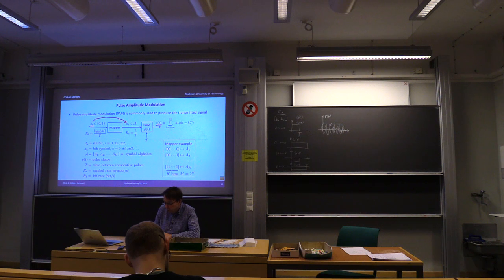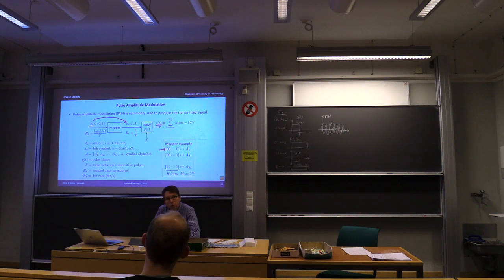An example of how this could be done is as follows. Say that we have the all 0 input, then that is mapped to amplitude A1. The all 0 but the 1 here is mapped to A2, and the all 1 pattern is mapped to some amplitude A capital M. These amplitudes are something that we design.